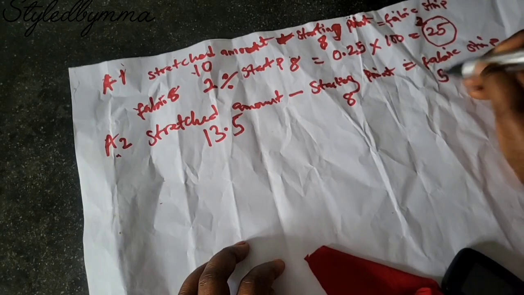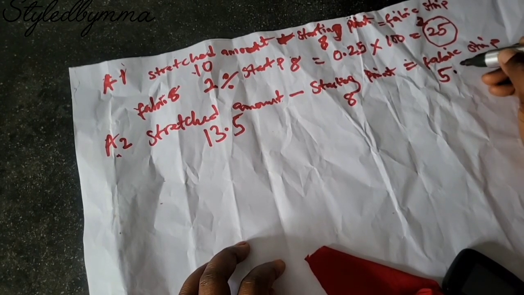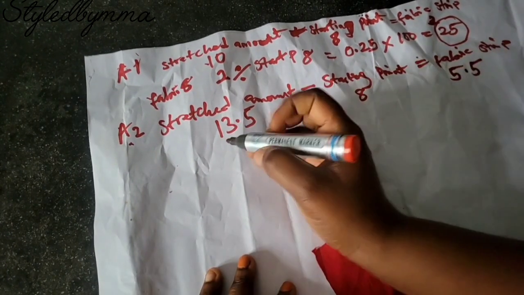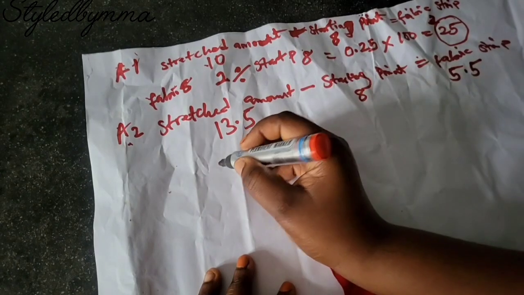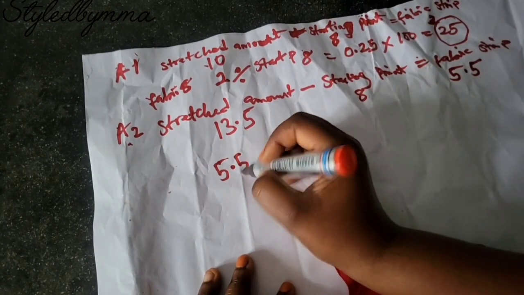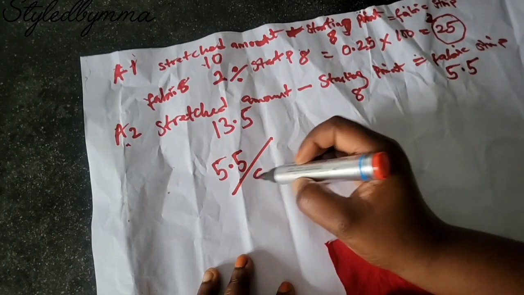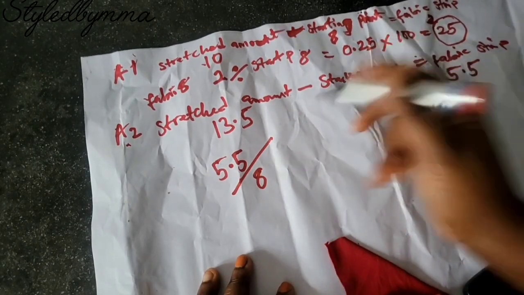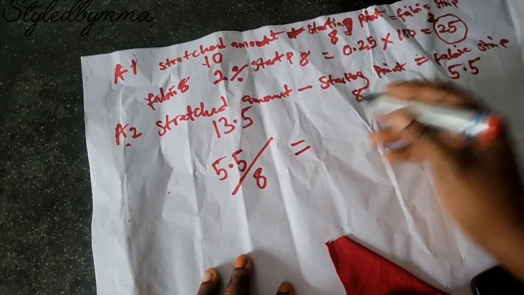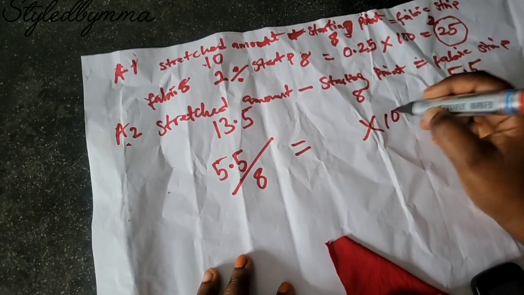So the stretch amount minus the starting point line is 5.5. So what I'm going to do, I'm going to take this 5.5 and I'm going to divide it with my starting point line, which is 8. And whatever I have, I'm going to multiply it with 100.